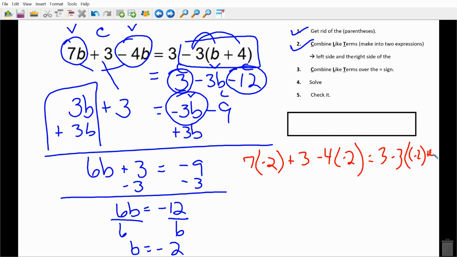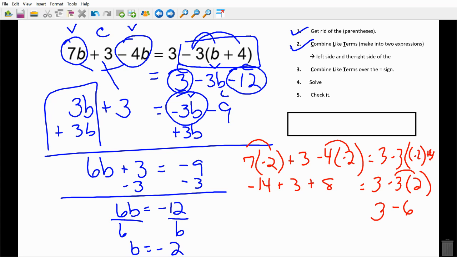So this is a plus 4 over here. I don't know why it's not letting me write on the page. So what's -2 plus 4? We get 2. Negative 3. Let's distribute over here. We get negative 6 and 3. Let's distribute here. We get negative 14 plus 3. Negative 4 times negative 2 is positive 8.